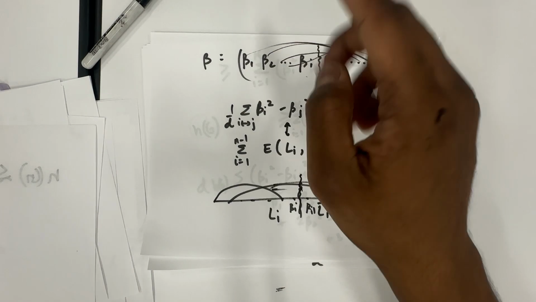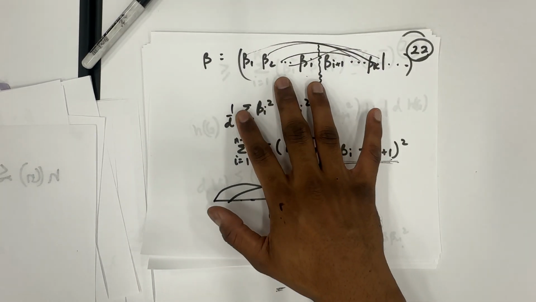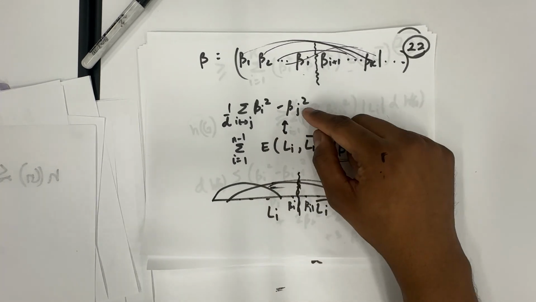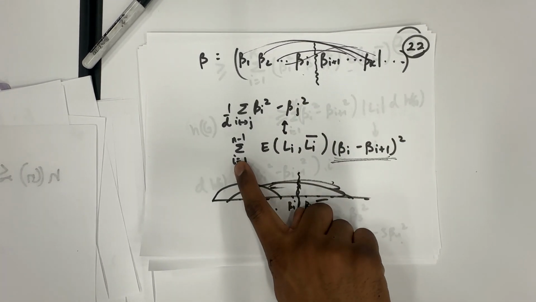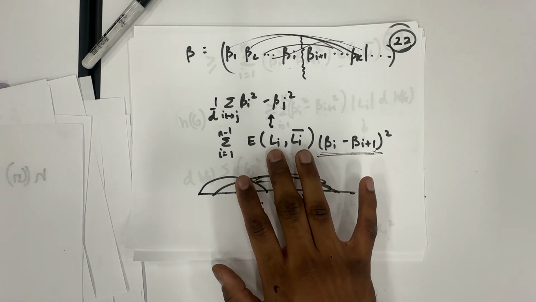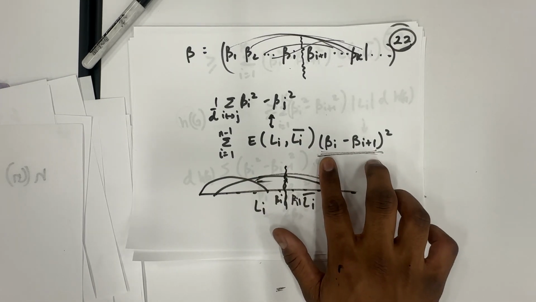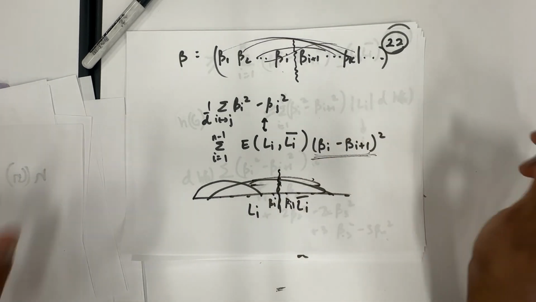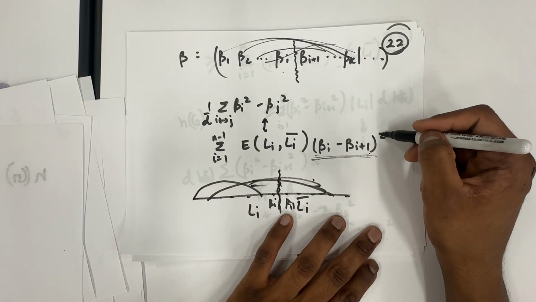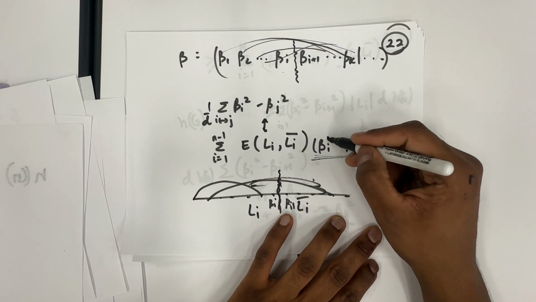This is precisely Li bar when my edges are running from Li to outside Li. So this is the same as running from i to n minus 1. Edge is running from Li to Li bar, beta i minus 1 square. This is not the whole square, this quantity.